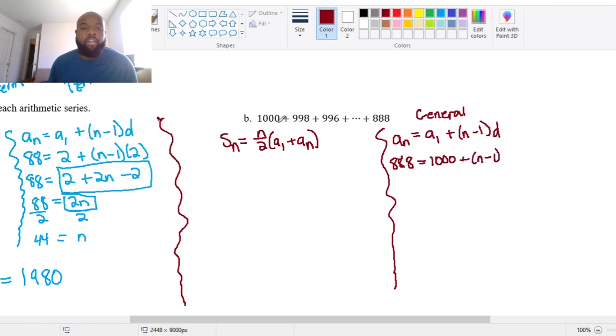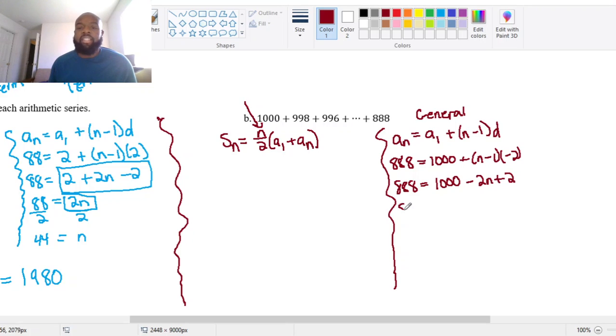I need that in my formula, which is why I'm going through this process. My d here is the difference. If I do 998 minus 1,000, I'm going to get -2, the same thing as when I do 996 minus 998. I'm going to solve this equation and simplify things.